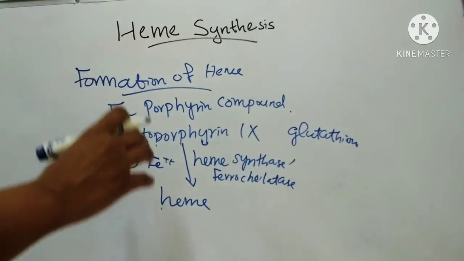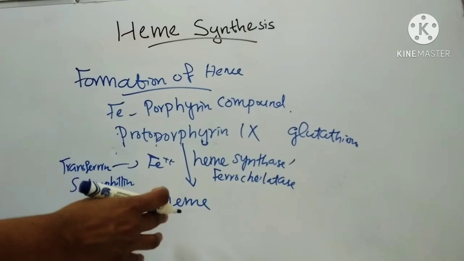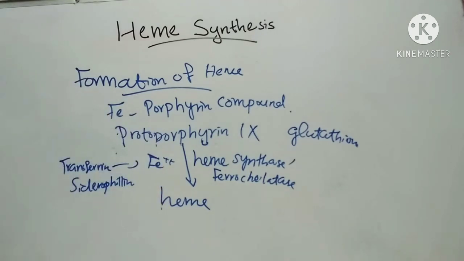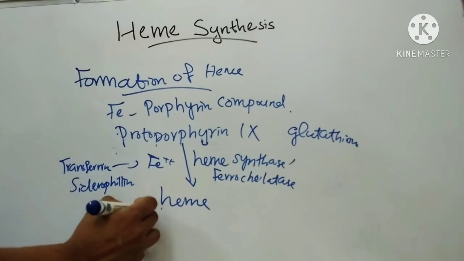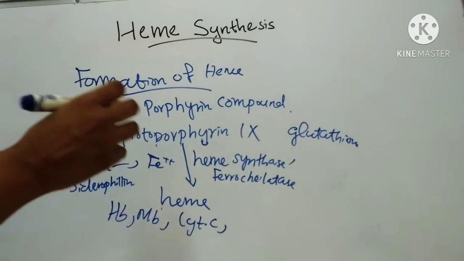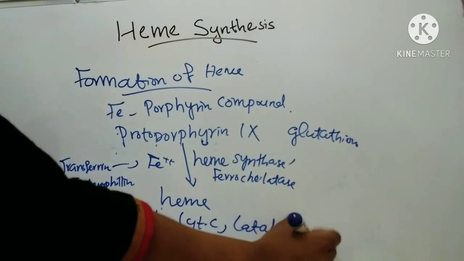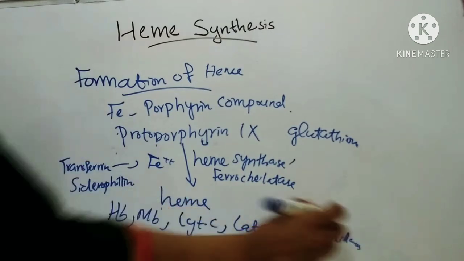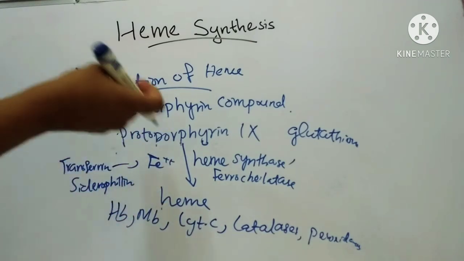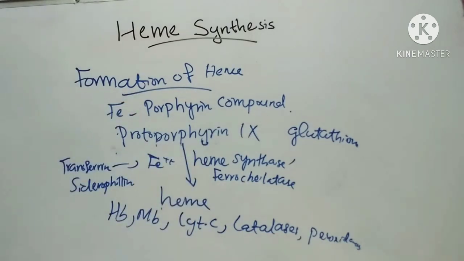The heme produced can be coupled with various proteins and form conjugated proteins such as hemoglobin, myoglobin, cytochrome C, and enzymes like catalases and peroxidases. This reaction occurs in mitochondria. So that is the formation of heme.